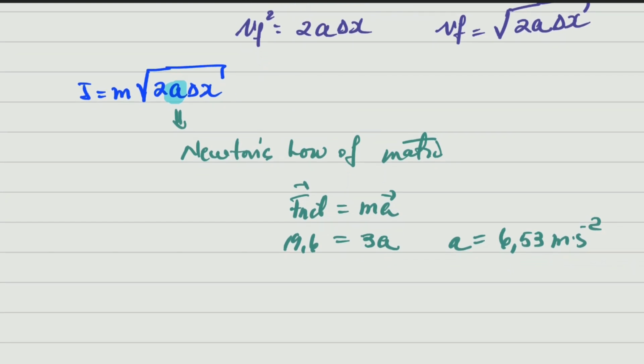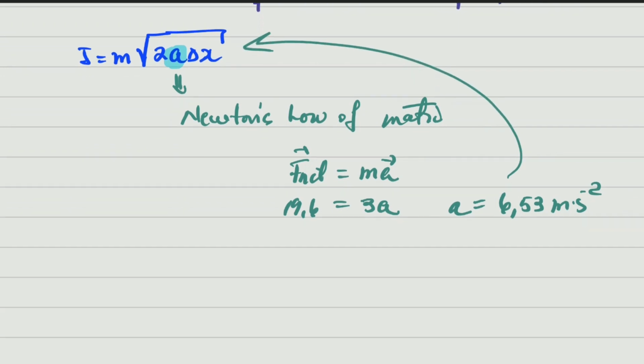And then when you substitute this acceleration there, so we are going back all the time to substitute. Now we have all the data. The displacement is given to us in the picture, which is the length of the table, and it was 1 meter. So if we substitute here, we have the mass is 3 multiplied by the square root of 2, acceleration 6,53 multiplied by the displacement, which is 1.